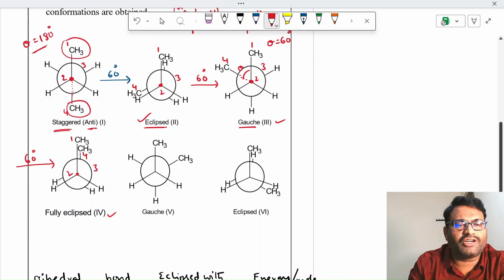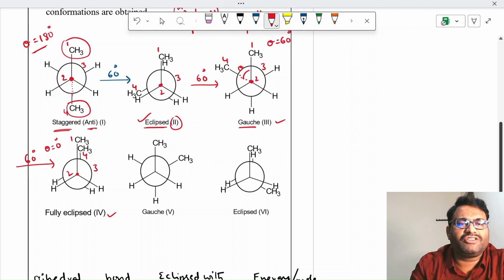The first carbon and fourth carbon, that is, the two methyl groups are eclipsing each other. So they are in eclipsed form. Theta is equal to how much? 0 degrees. So between CH3 and CH3, the angle is 0 degrees. Such an eclipsed form. Here, in the second conformation, CH3 and H are eclipsed.